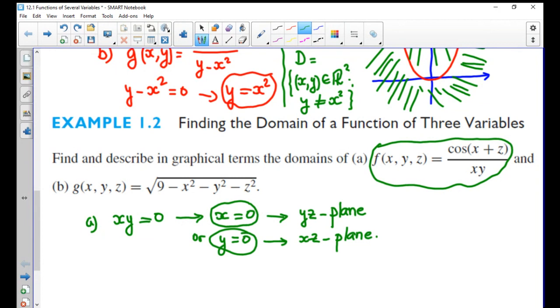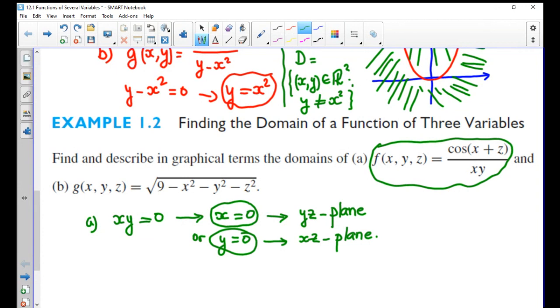So, what does that mean? That the domain of this function is the whole space except the YZ plane and the XZ plane. Take any point in space, you can find f of x, y, z, except when the point is on the YZ plane.